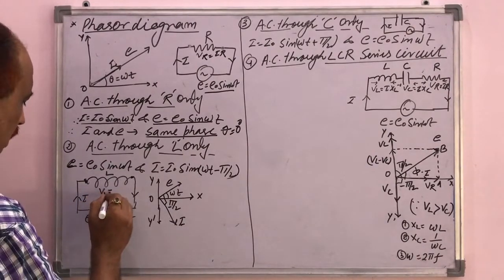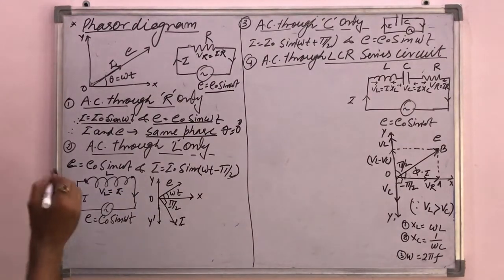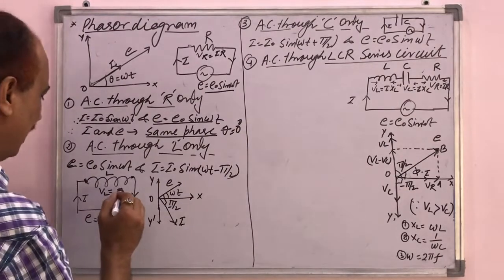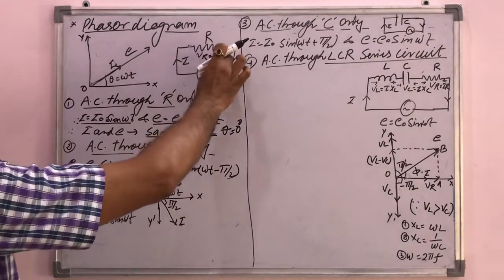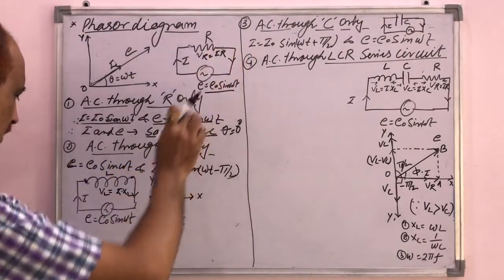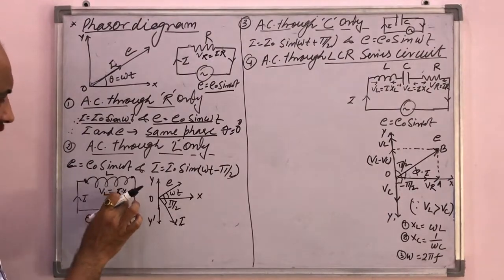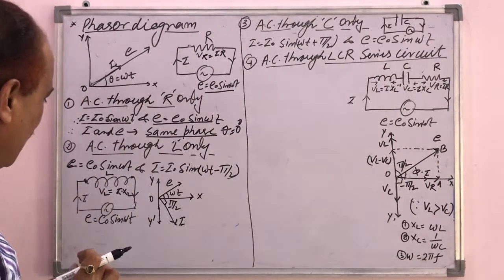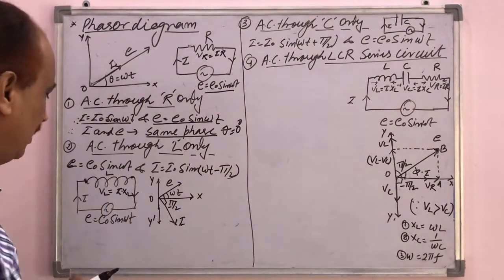According to Ohm's law it will be equal to I into some resistance, but in that situation the resistance is denoted by XL, whereas in the case of the resistor it is denoted by R. In the case of the inductor it is denoted by XL. Actually it is the resistance offered by the inductor, and such XL is known as the reactance of the inductor.